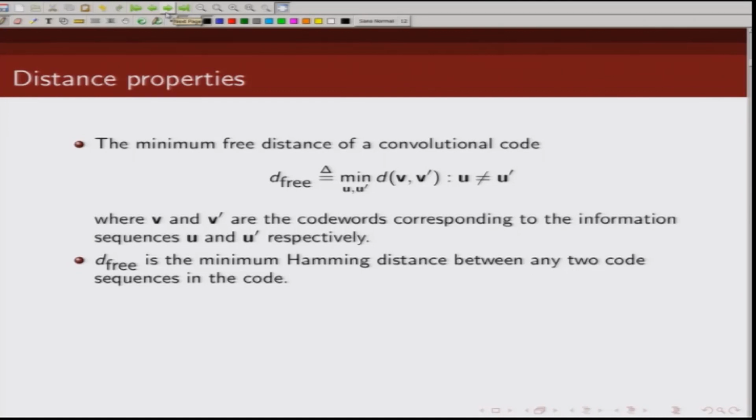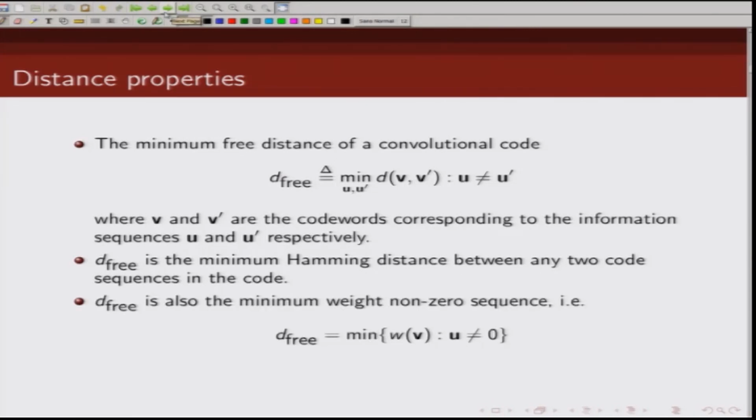So, basically the free distance is the minimum Hamming distance between any two code words in a convolutional code, and this is the same as the minimum weight of a non-zero code word.